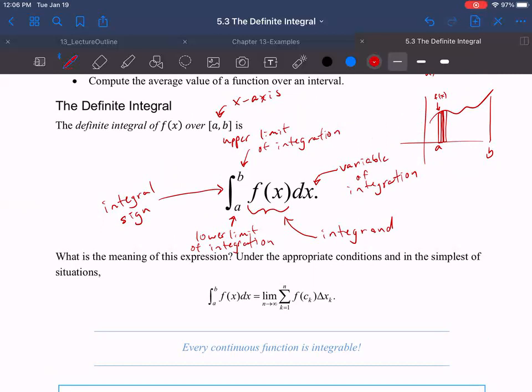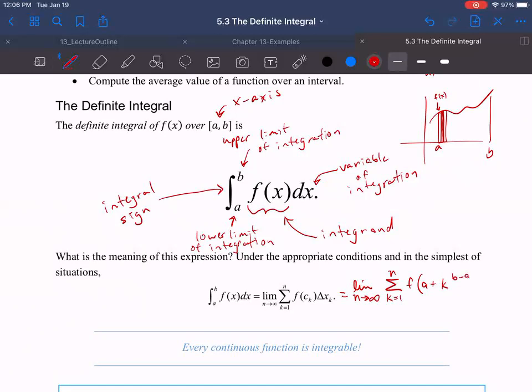And now something that'll help us is that we can also set this equal to the limit as n goes to infinity of our sum from k equals 1 to n of f of ck times delta x, where ck is a plus our k term times our width.